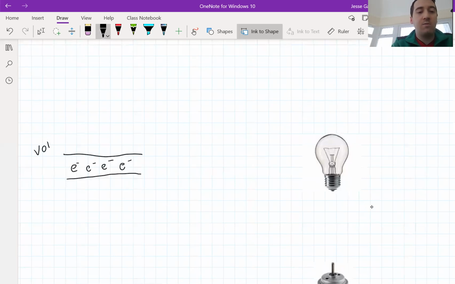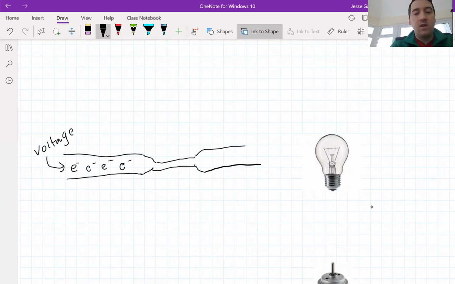So the voltage is going to tell us how quickly these electrons are being pushed. They're then going to encounter a resistance inside the bulb. So inside the filament lamp, we're going to supply a resistance. There we go. Resistance.